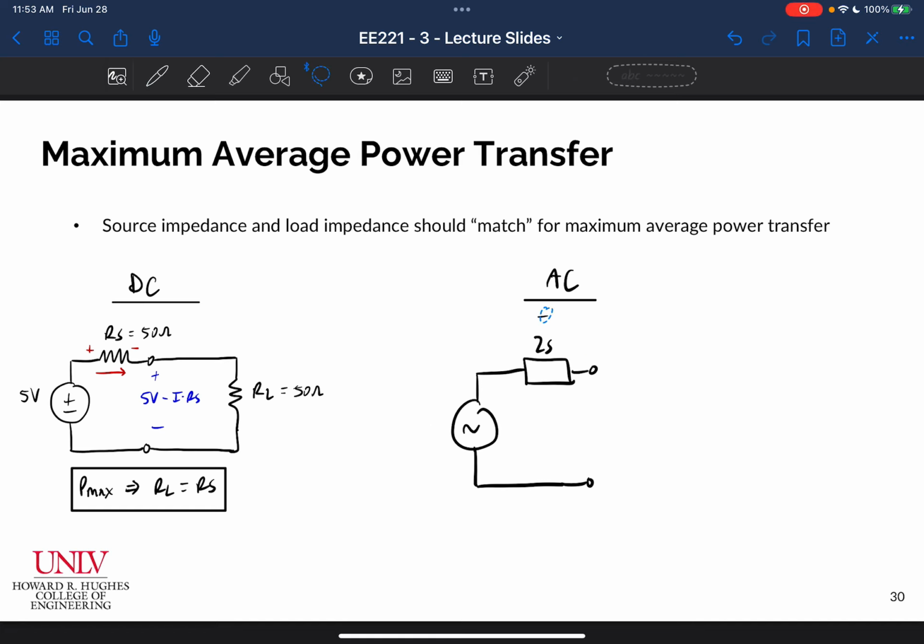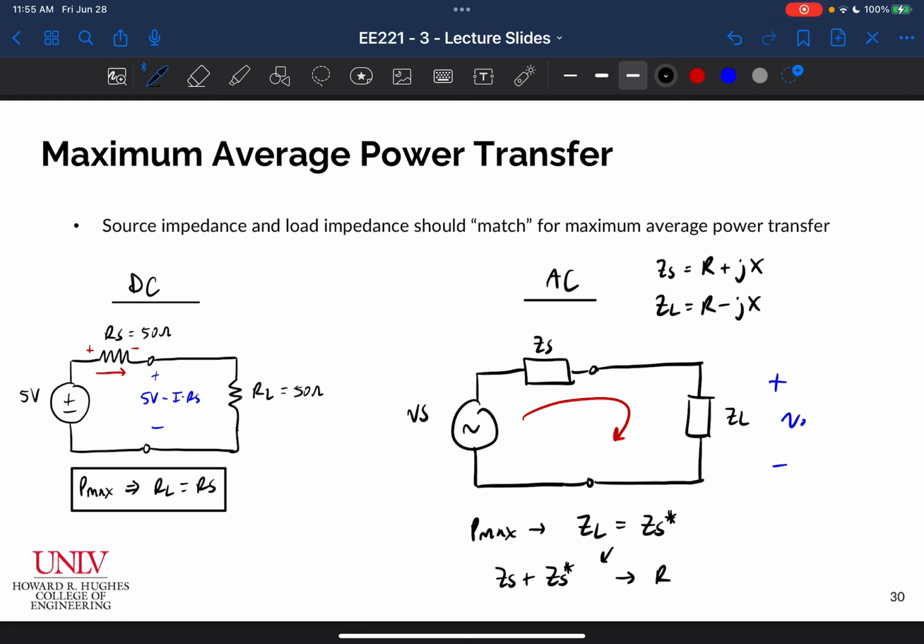If you add ZS plus its own conjugate, which is ZL in this case, the two imaginary parts cancel. You'll get R plus JX plus R minus JX, and the imaginary parts go away, and we're basically left with an equivalent circuit where I just have two resistances and the reactances are canceling one another.